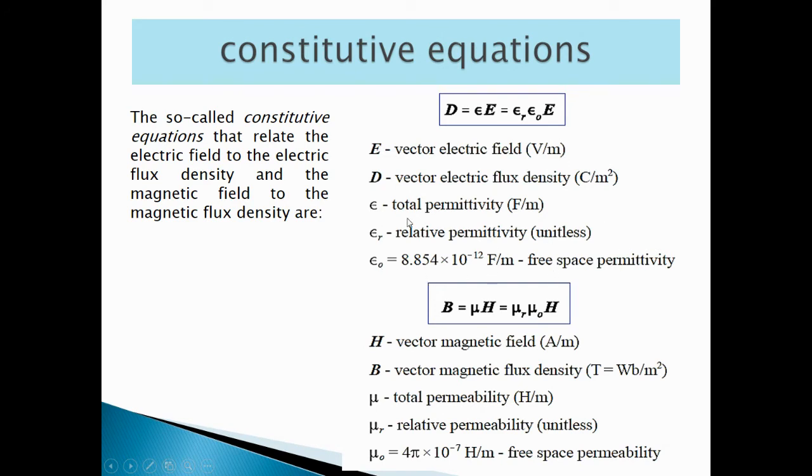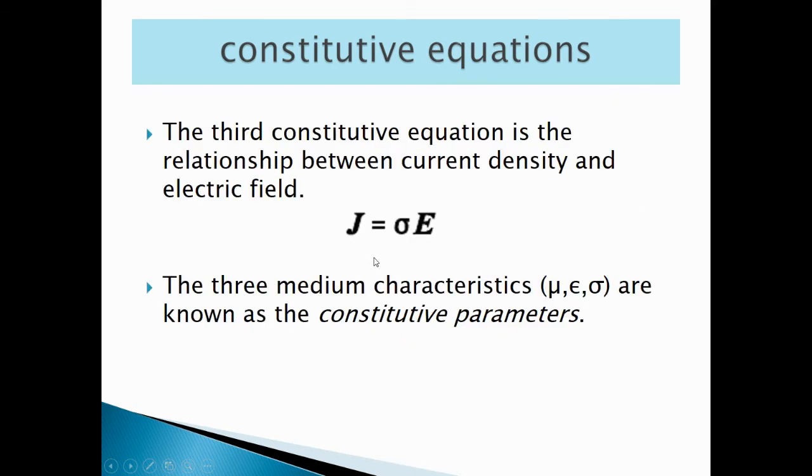All the constants will be given, so don't worry about it. So far, we know clearly about these two constitutive equations. Now we go for the third constitutive equation, which is common for both, which is J, the current density.